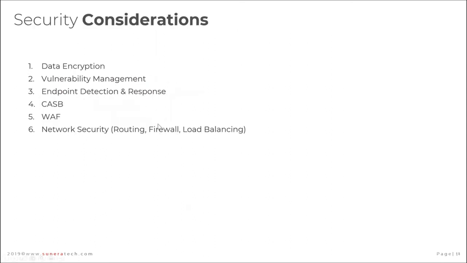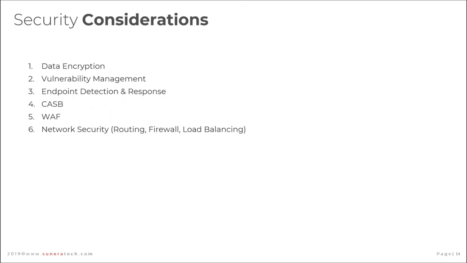So the next consideration is security. Obviously, being on-prem is a different model versus being in cloud. However, in many ways, cloud is actually more secure, for two reasons. One is that all cloud providers inherently have firewall, DDoS prevention, and similar capabilities built into their cloud services.